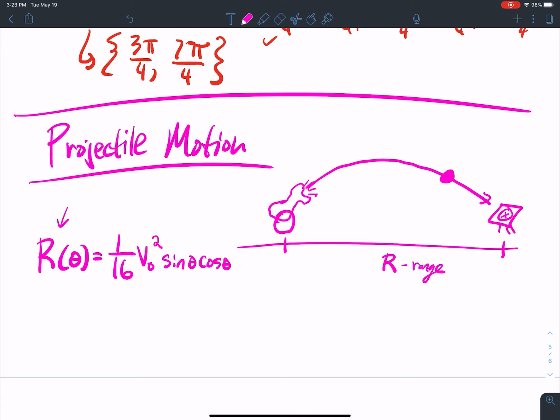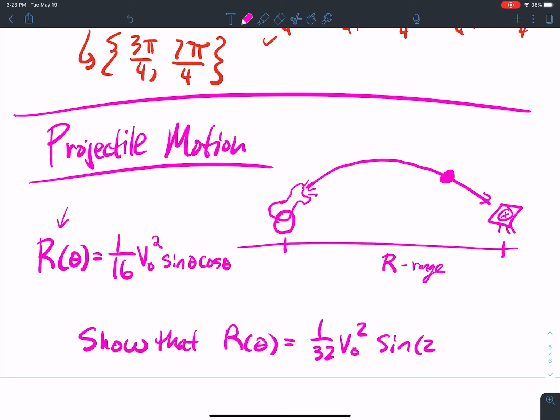Okay? So we want to show that r theta equals 1 over 32 v naught squared sine 2 theta.